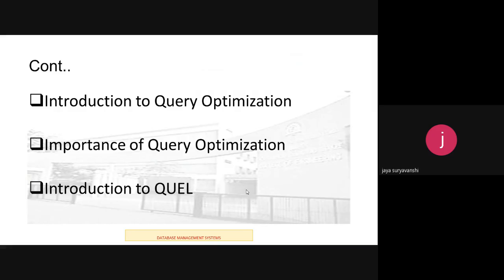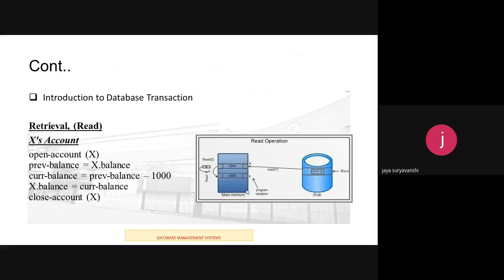It is a relational database management system developed by Michael Stonebraker. QUEL does not support relational algebra operations such as union, minus, or unique. It is based on tuple calculus and does not support nested subqueries.